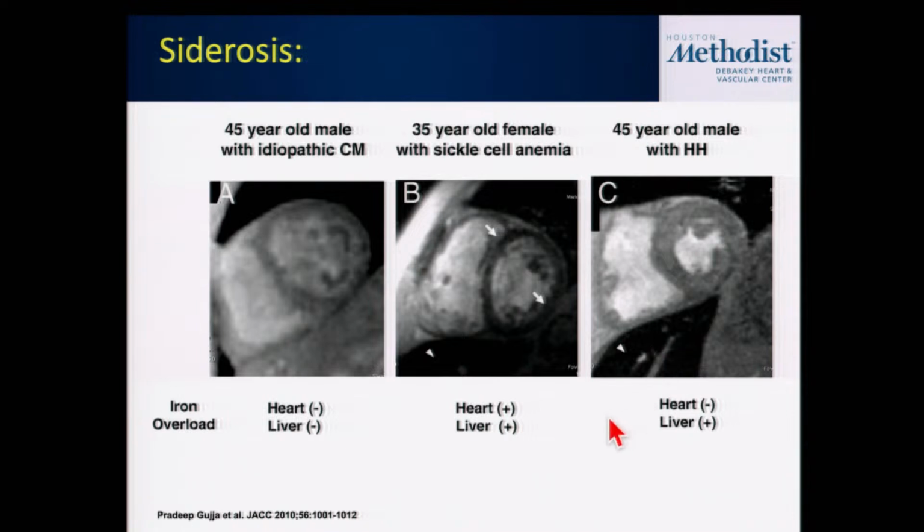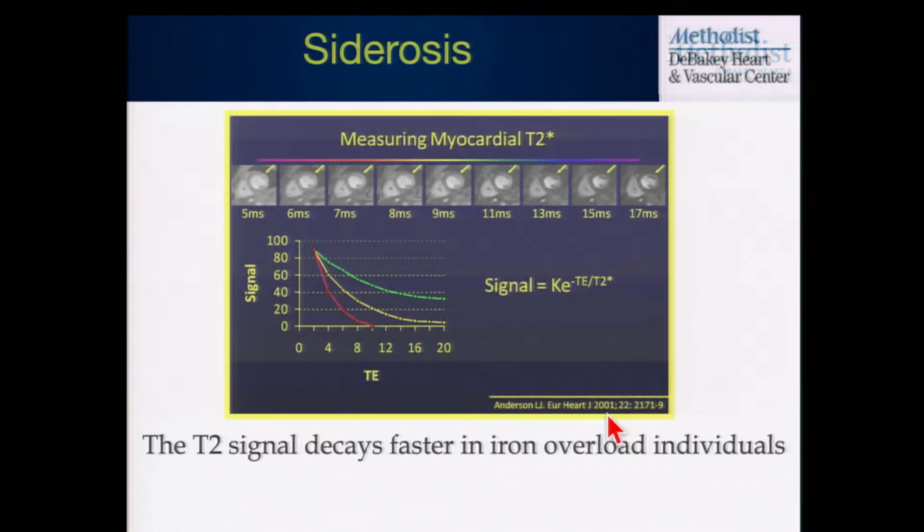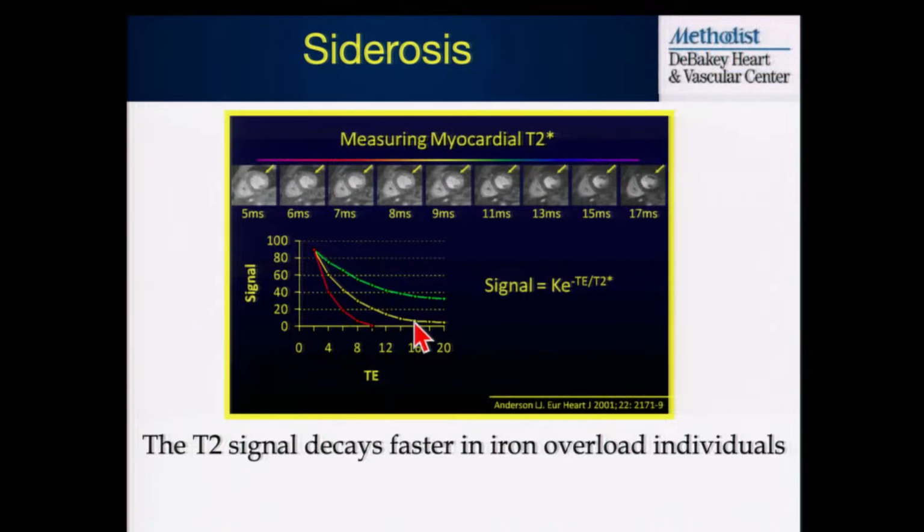And again, beyond just qualitative assessment, using this T2 star-based technique, you can actually try to quantify the T2 star abnormality, and there's now been a number of validation studies showing that it correlates directly with biopsy evidence of iron overload within either the liver tissue or the myocardial tissue.